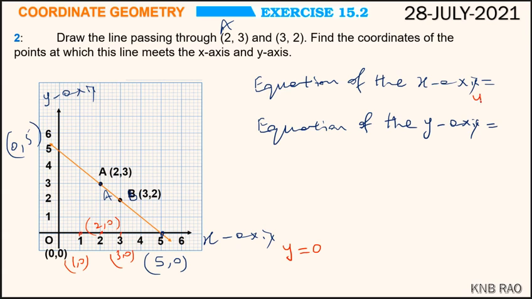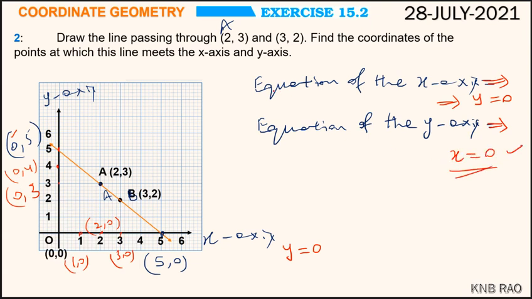That is why y equals 0 is the equation of the x-axis. Similarly, any point lying on the y-axis will have its x coordinate 0. So x equals 0 will become the equation of the y-axis. Equation of the y-axis is x equal to 0.